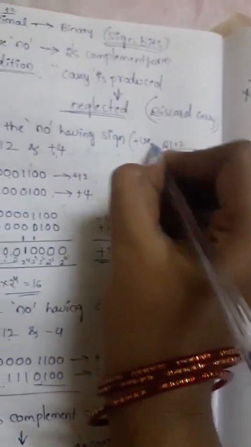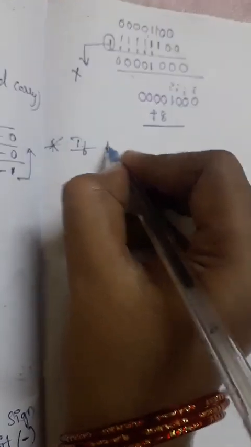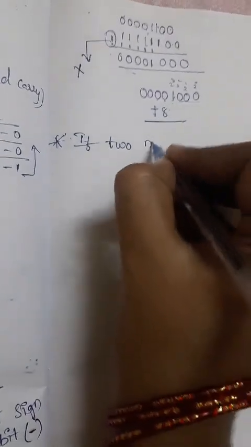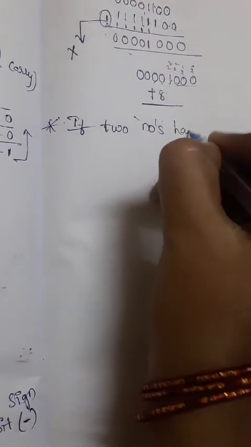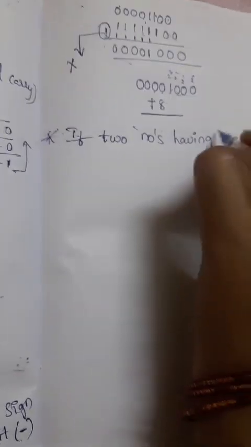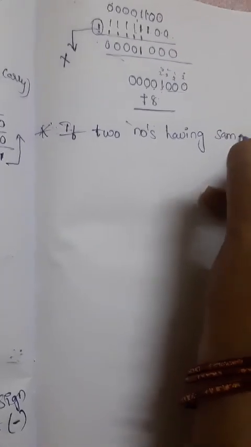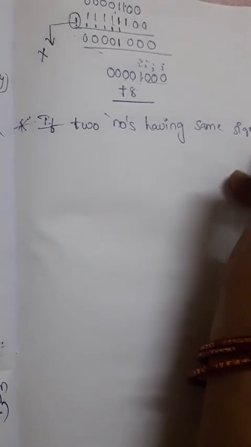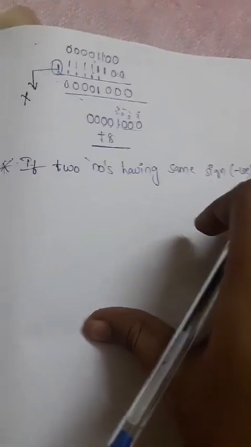Suppose the two numbers have the same sign. If both have a positive sign, we can directly add them. But if two numbers have the same sign but negative, what is the procedure?